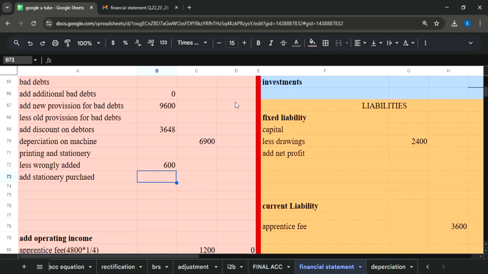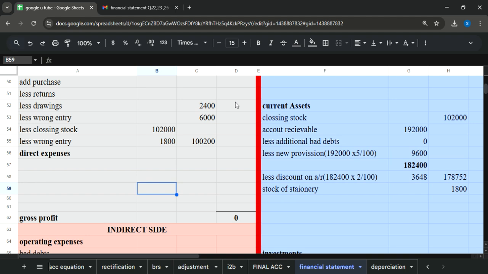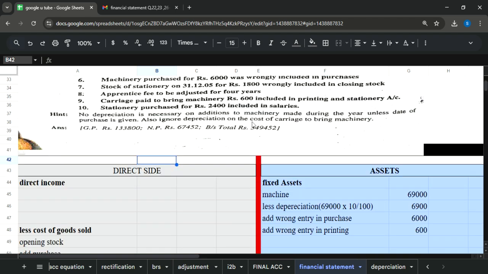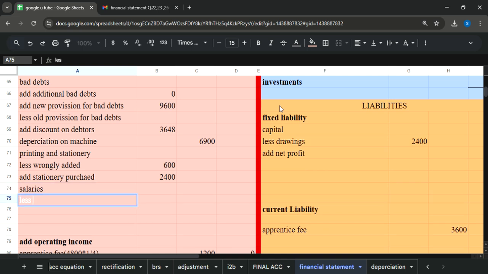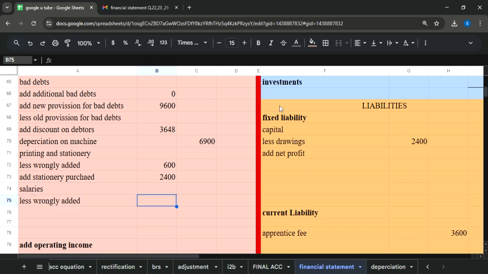So just put 2400 over here. Now second part we will see what happened. Included in salaries. It was not supposed to be written in salaries. So here we will mention salaries less wrongly added, and that was 2400.